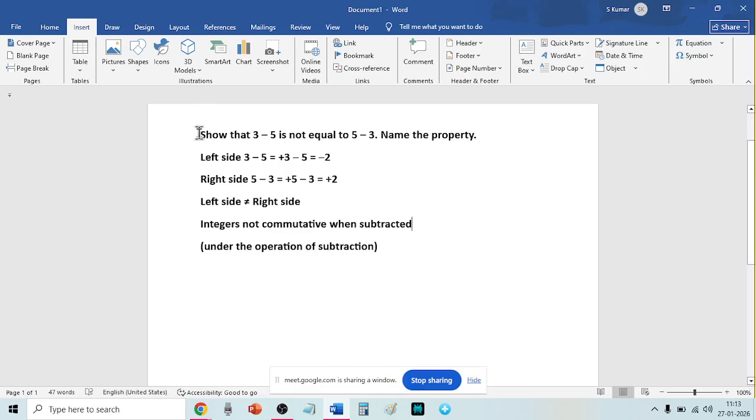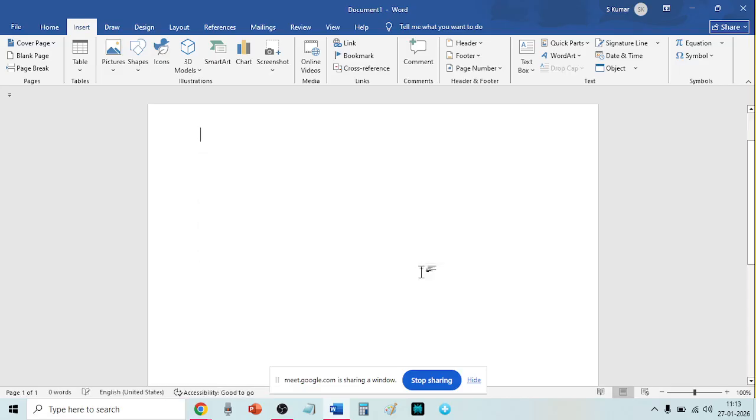Similarly for associative also they will give. Similarly for integers, the closure property. Show that for numbers 3, 6, the integers are not commutative.